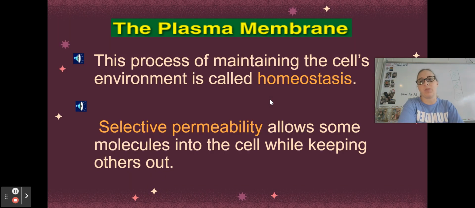So the membrane's function overall is that its job is to maintain homeostasis. What homeostasis is, is the process of maintaining the cell's environment. So we have a lot going on inside of our cells, just like with our bodies. Cells have to maintain a correct acidity or pH level.